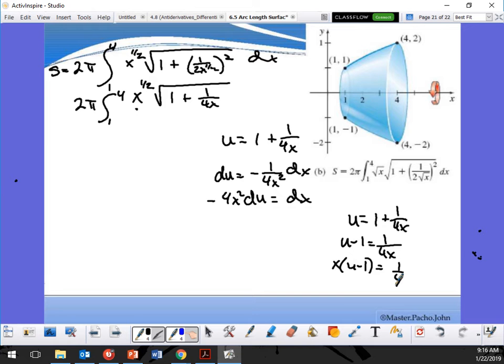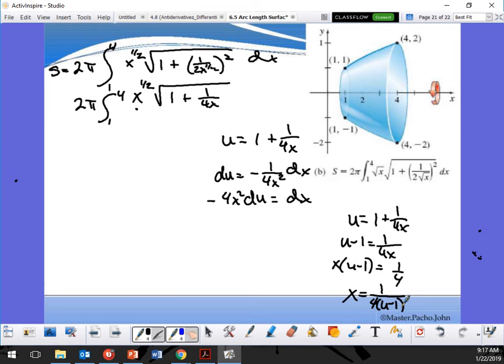Divided by this, it's going to give me x is equal to 1 over 4 times u minus 1. So I could replace the x.